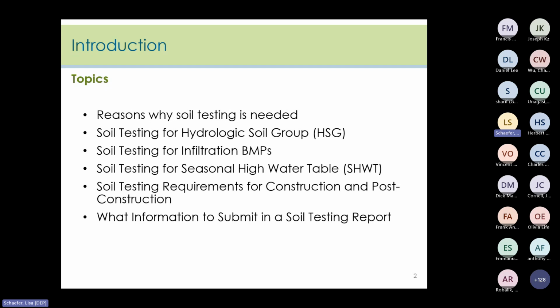Also covered in Chapter 12 is information pertaining to testing for the input parameters in a groundwater mounding analysis. That information you will find on page 29 of Chapter 12 and further in Chapter 13, which is what Peter will cover when he goes into groundwater mounding analyses in Module 3.